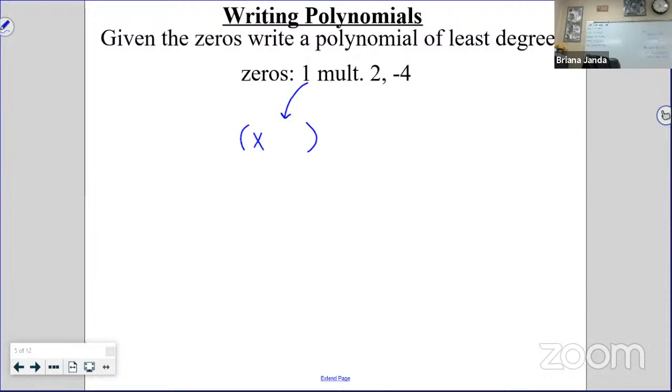So my factor would look like x minus 1. But what about that multiplicity of 2, squared, right? And remember specifically that squared goes on the outside of our parentheses. And then our other one, x opposite sign 4, so x plus 4. Remember that squared means I'm going to write that twice to FOIL.